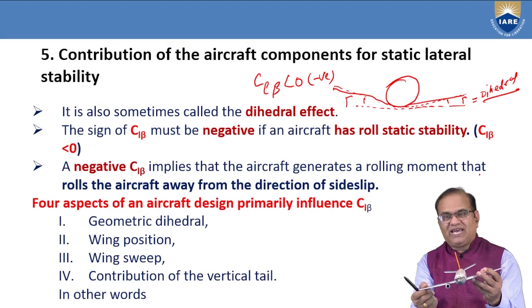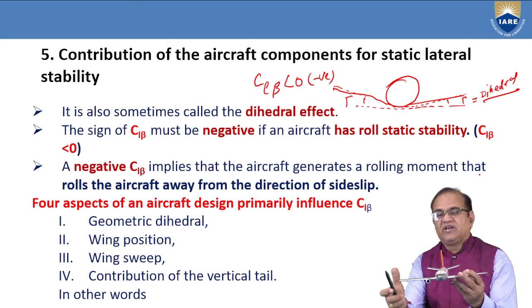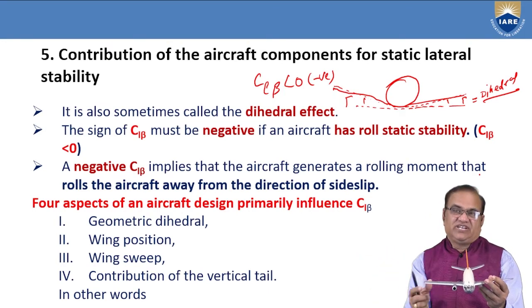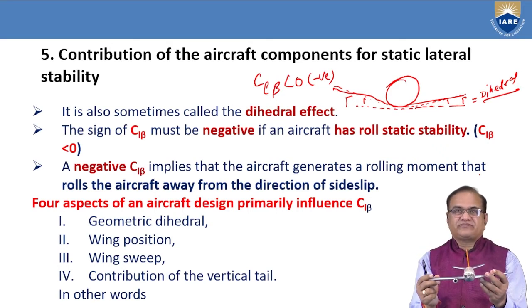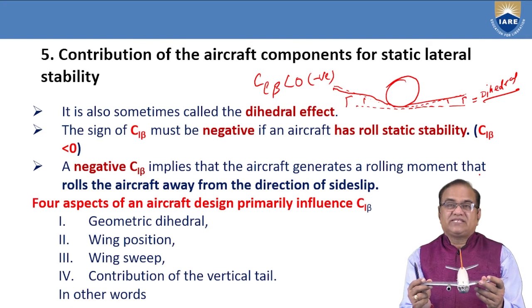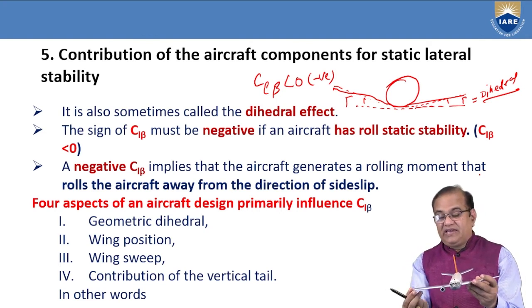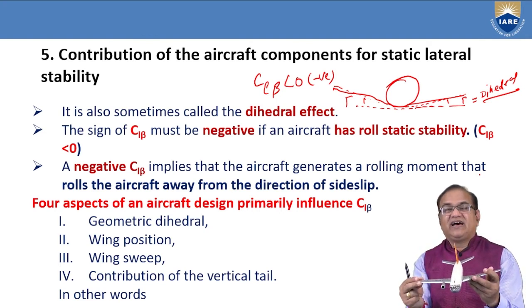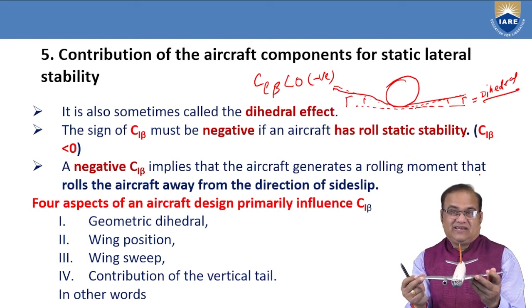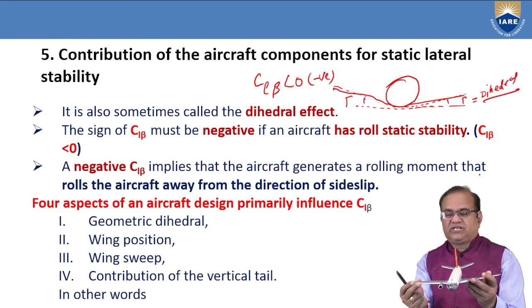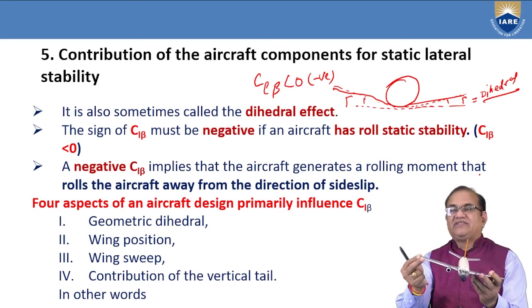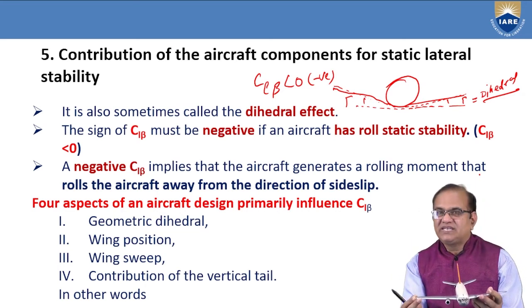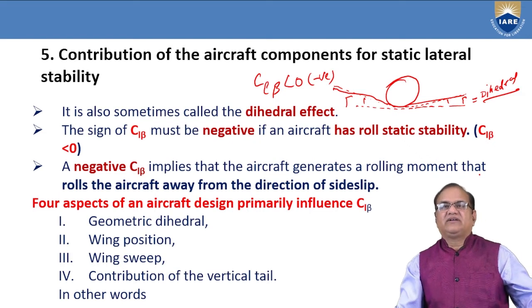So if you roll the aircraft, it will also try to drift, meaning a side slip angle is generated. So this side slip angle will make the wing generate a coefficient of rolling moment opposite to that. Means if you roll like this, it should try to roll like this, and this will happen when CL beta is negative.